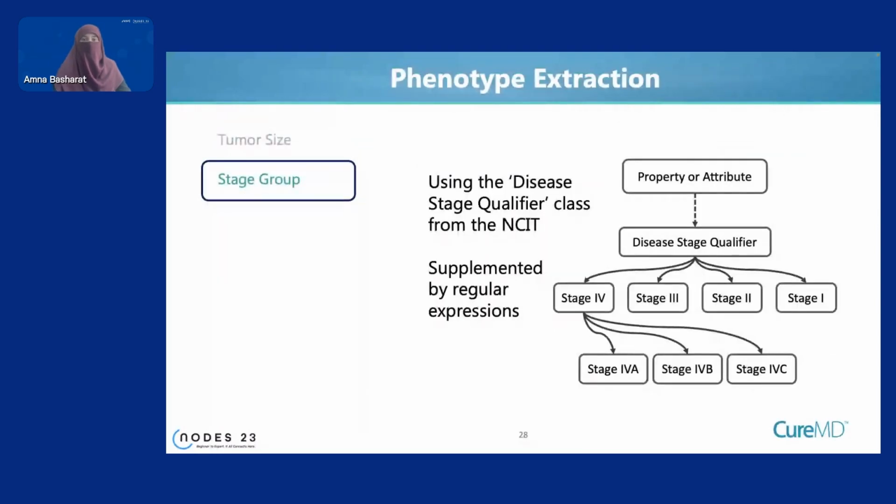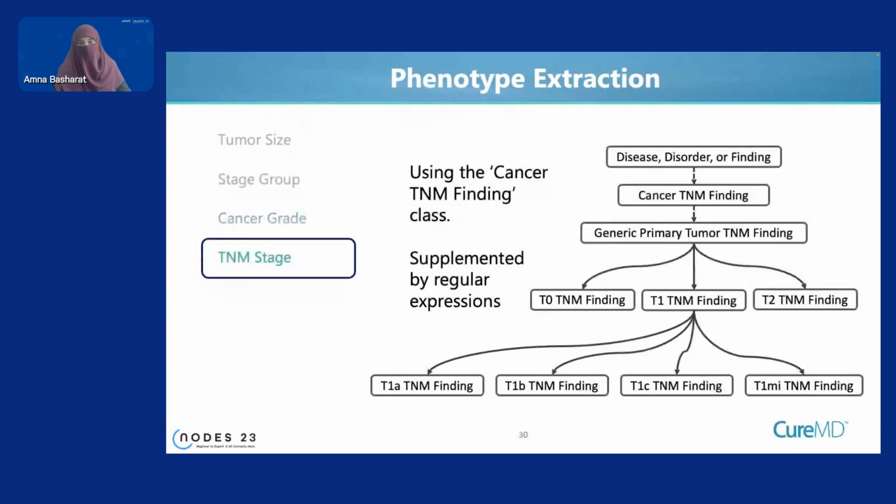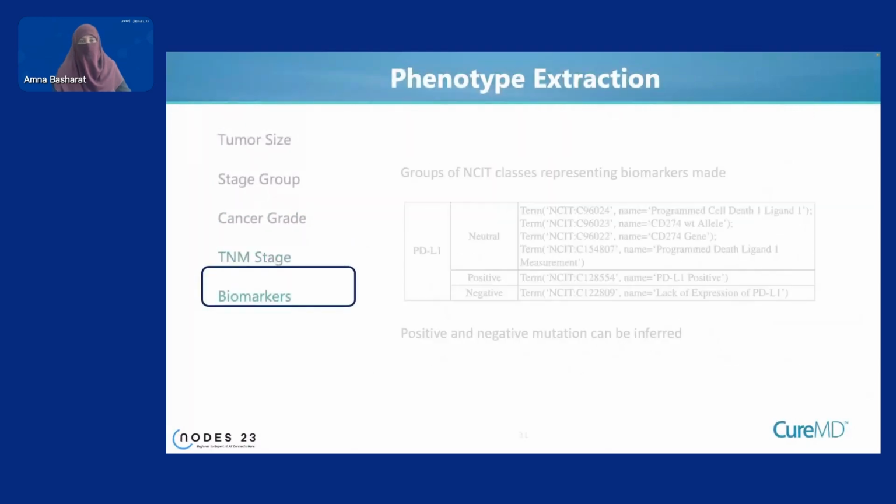Then the next important information is about the staging. So the disease stage qualifier is very important in terms of what stage the cancer is in. Then the grade of the cancer, what grade is going to be labeled for the cancer, and then the TNM staging. So all of this information, which is usually available in the notes, is extracted.